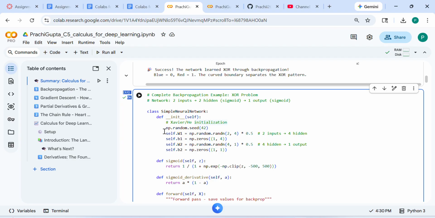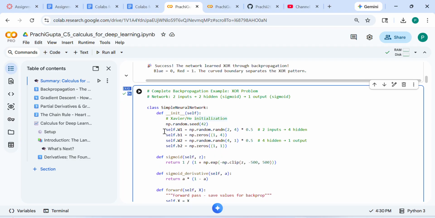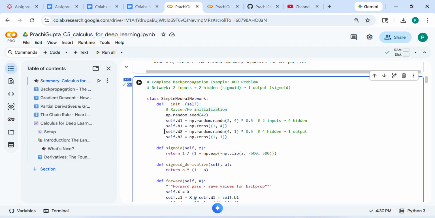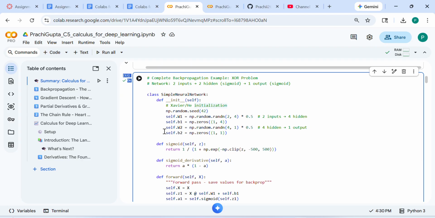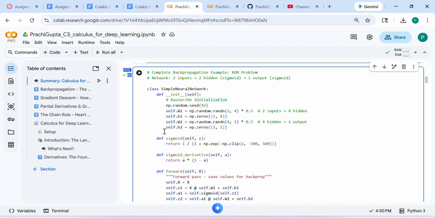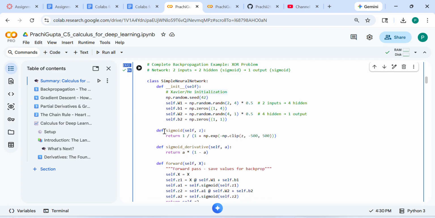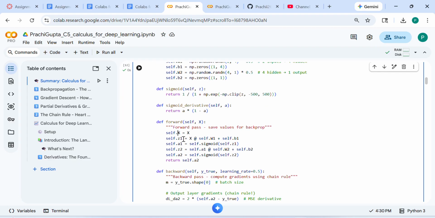So this cell defines a small neural network with two inputs, a hidden layer, and one output. First comes the forward pass, in which it computes the hidden activations, computes the predictions, and then computes the loss.